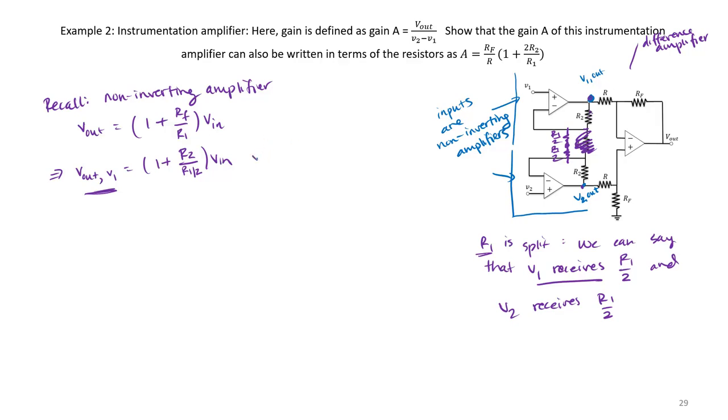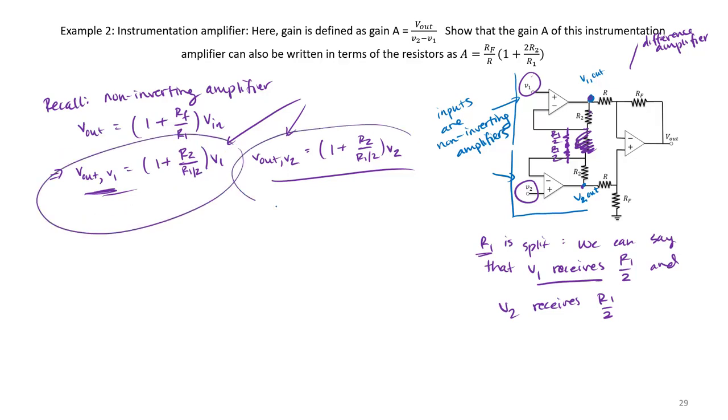Similarly, from the lower non-inverting amplifier, I can write a similar expression, and remember my V in will simply become V1 or V2. So now I know that these are my inputs to the difference amplifier.